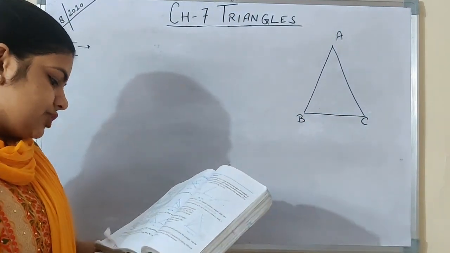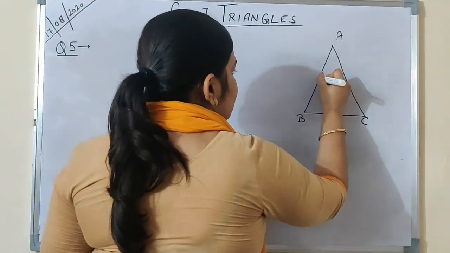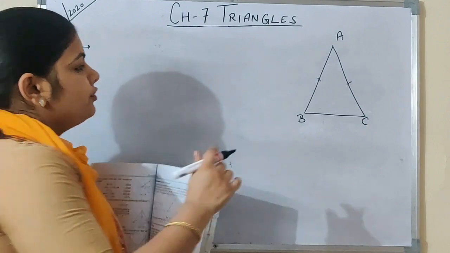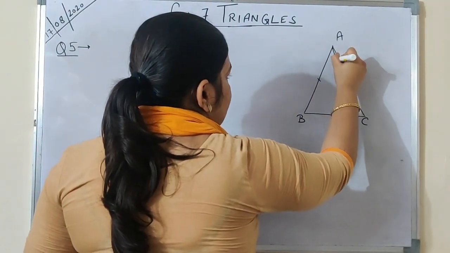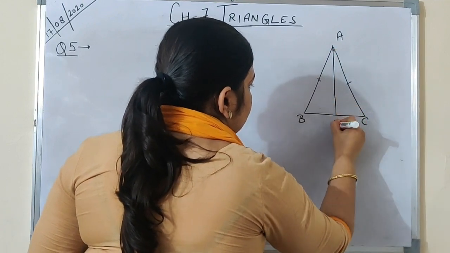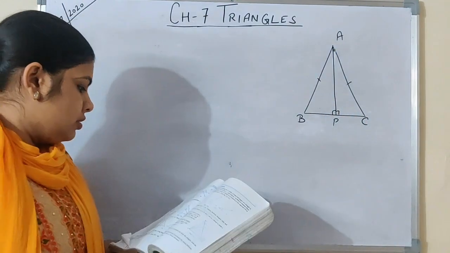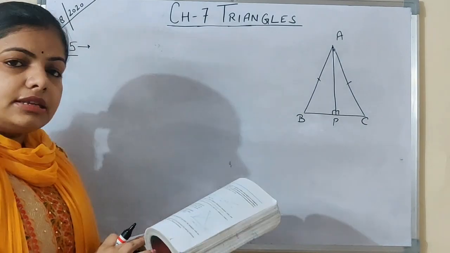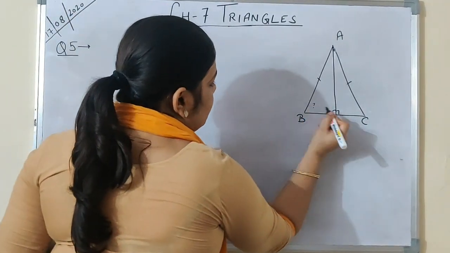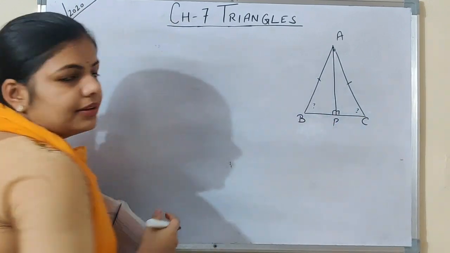This is an isosceles triangle, that means AB is equal to AC. Now we have to draw AP perpendicular to BC. Then we have to show that this angle is equal to this angle.